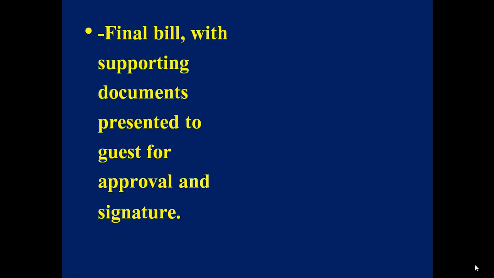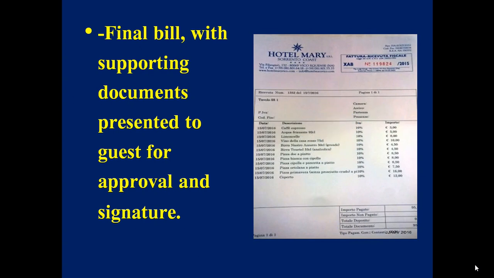And finally the final bill with supporting documents presented to guest for approval and signature. Once all the point of sale areas post all the credit charges to respective folio, so front office staff can easily review it and take the print of it, and it can be presented in front of the guest, and the guest will go through it and they will verify whether any entry has been missing or any extra entry has been added.